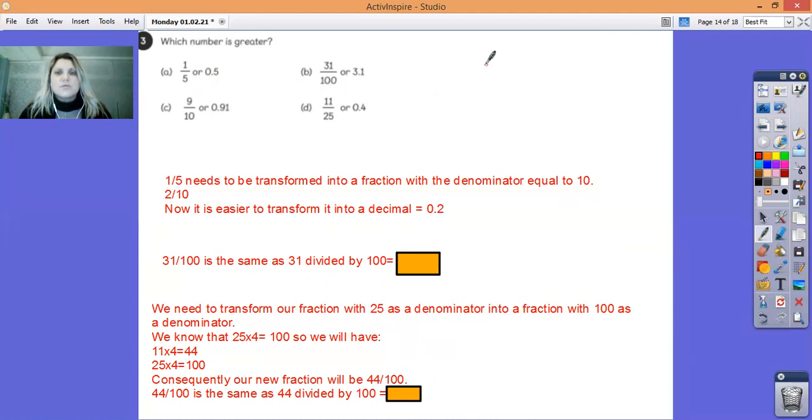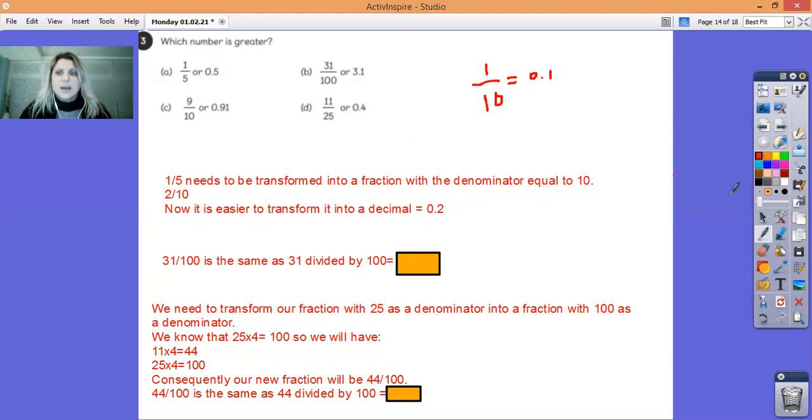Now we need to remember this like our own name: 1 tenth equals 0.1. Consequently, 2 tenths equals 0.2. So clearly now we can see which is greater between 0.2 and 0.5.